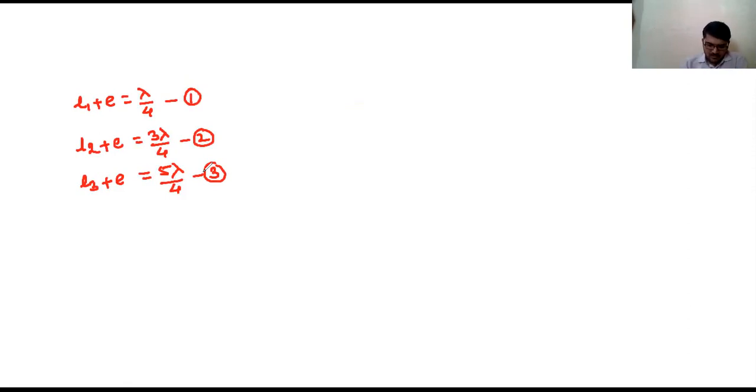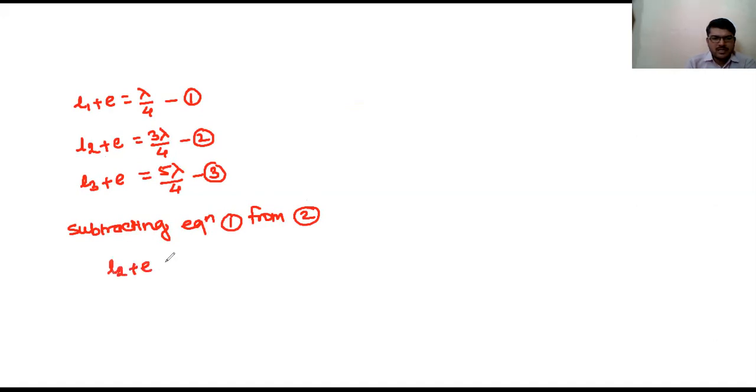Now, I am subtracting equation 1 from equation 2. Okay, subtracting equation 1 from 2. So what are you getting? See, L2 plus E is equal to 3 lambda by 4, and this is L1 plus E is equal to lambda by 4.